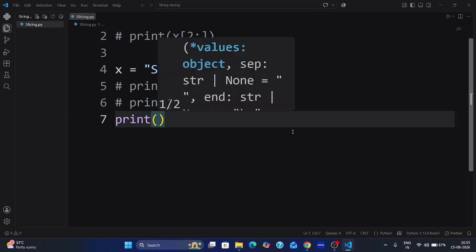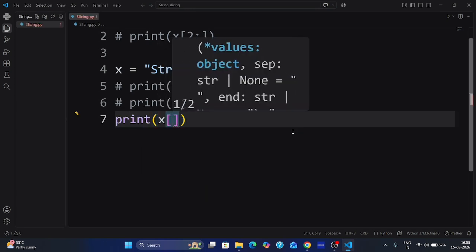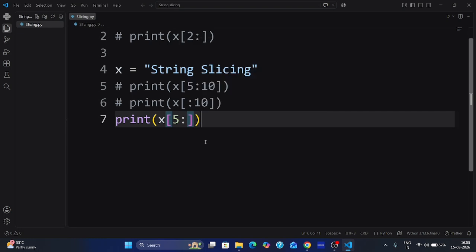Say print of x, square brackets, and let's say I am using 5 colon. What if I use 5 colon? Then you will say the starting point is mentioned in this question and the end point is not given. So it will go up to the end.